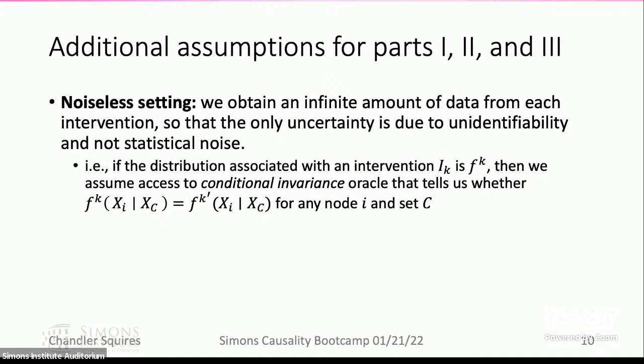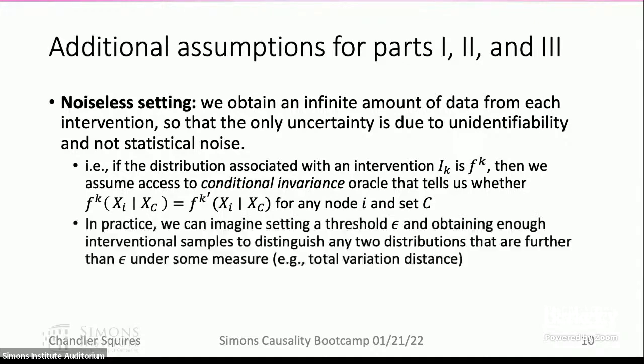The way that you can think about it now, if it bothers you, is that similar to the definition of algorithms that we had in the causal structure discovery lecture, where we framed it in terms of a conditional independence oracle, you can think of what we have as what I'm calling a conditional invariance oracle, that allows you to tell whether a conditional distribution, like one node conditioned on some other set, is the same between 2 of the interventional data sets that you have.